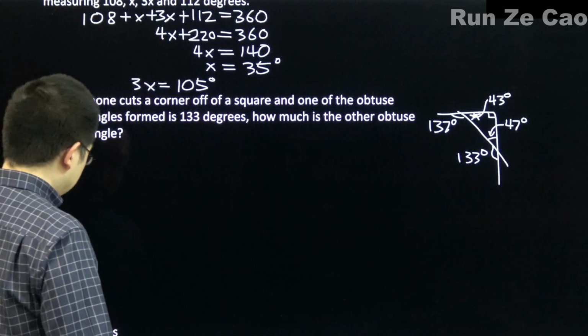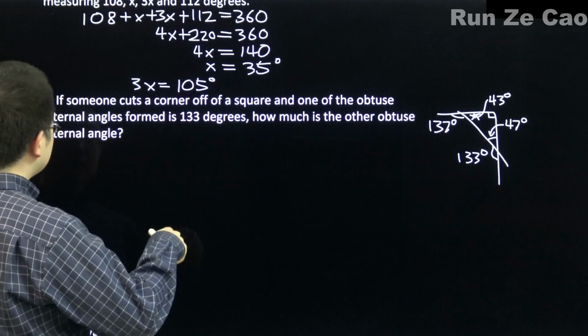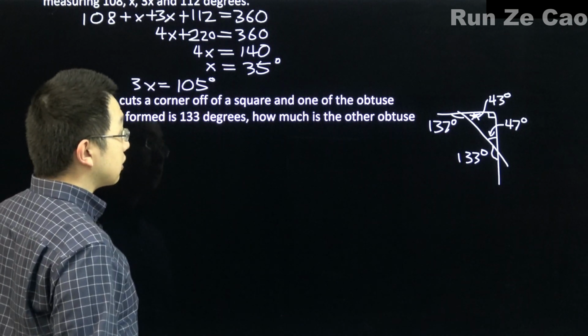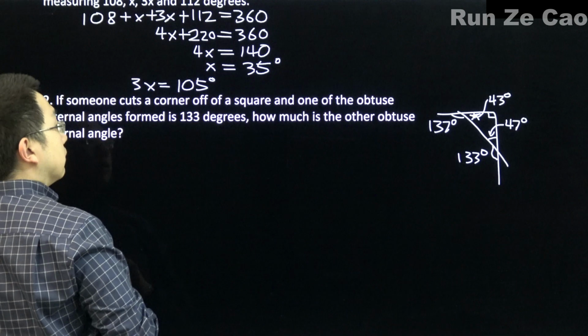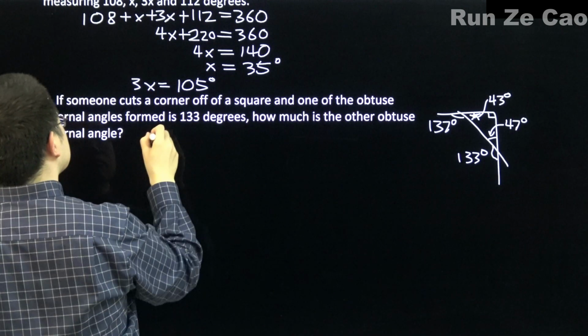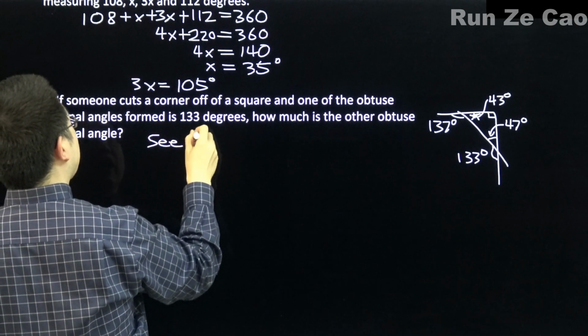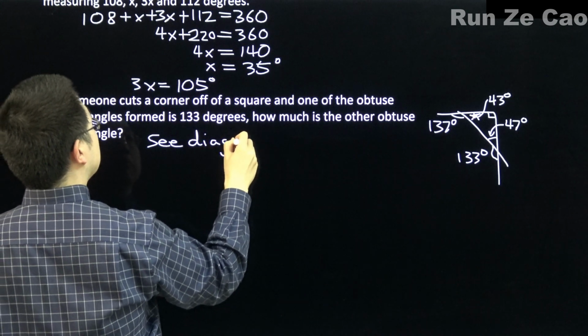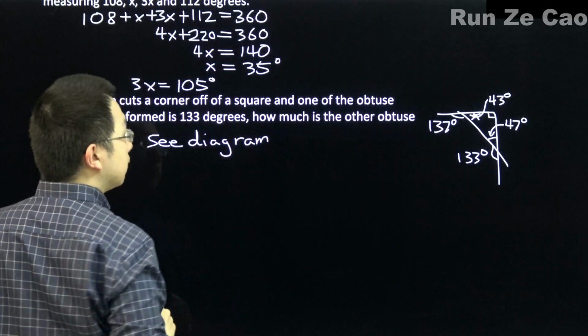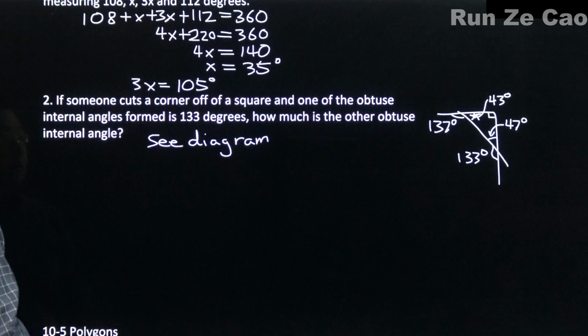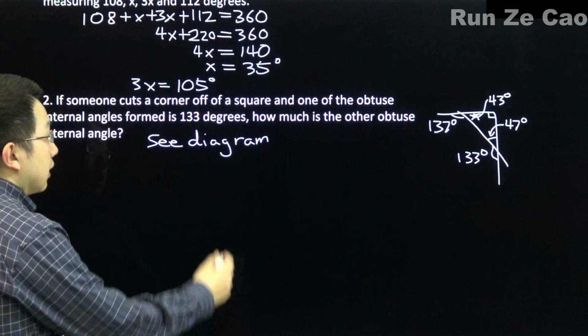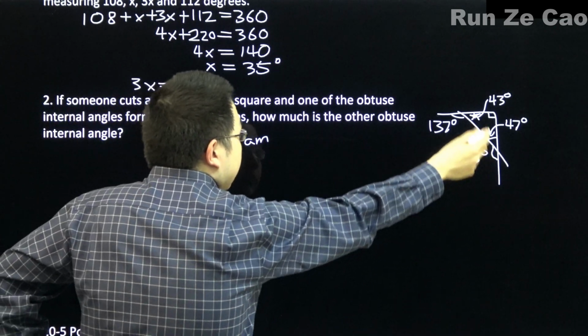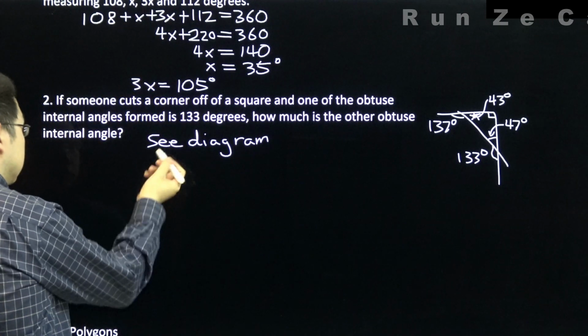But that is for when we talk about polygons in general. So, what we would say here is: see diagram. The other obtuse angle is derived from this diagram here.